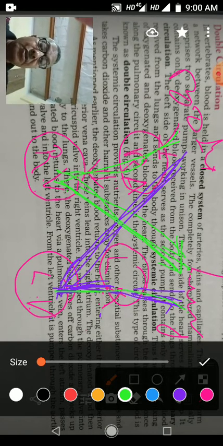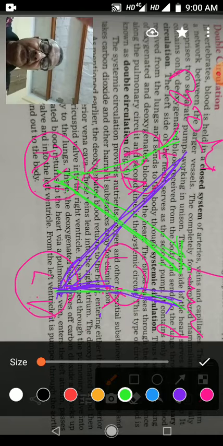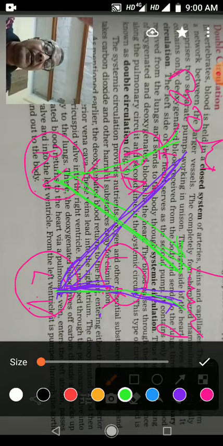So both together, pulmonary circulation and systemic circulation, are called double circulation. So there is no mixing of oxygenated and deoxygenated blood in the heart.